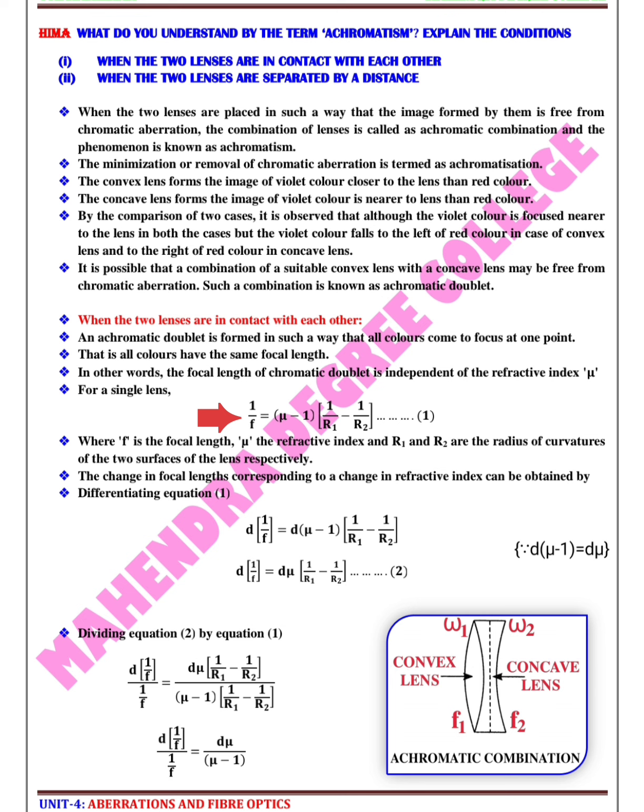This is equation number 1, where f is the focal length of the lens, mu is the refractive index of the lens, and R1 and R2 are the radii of curvature of the two surfaces of the lens.